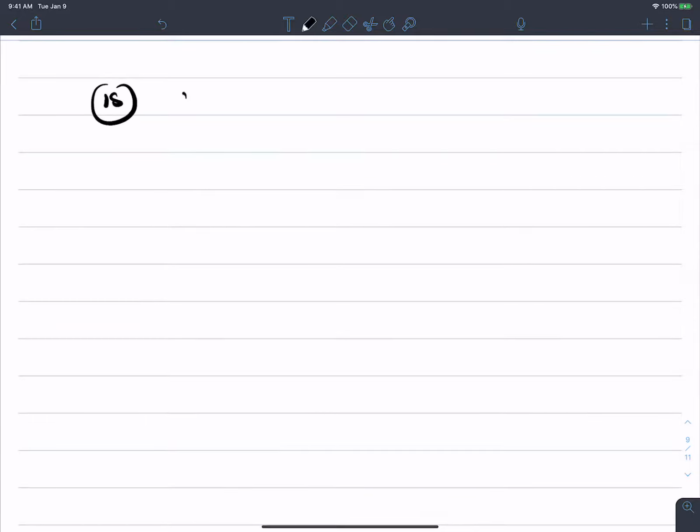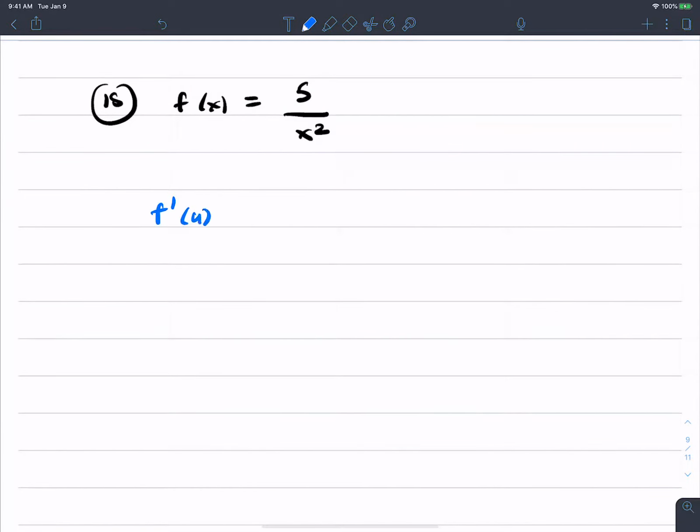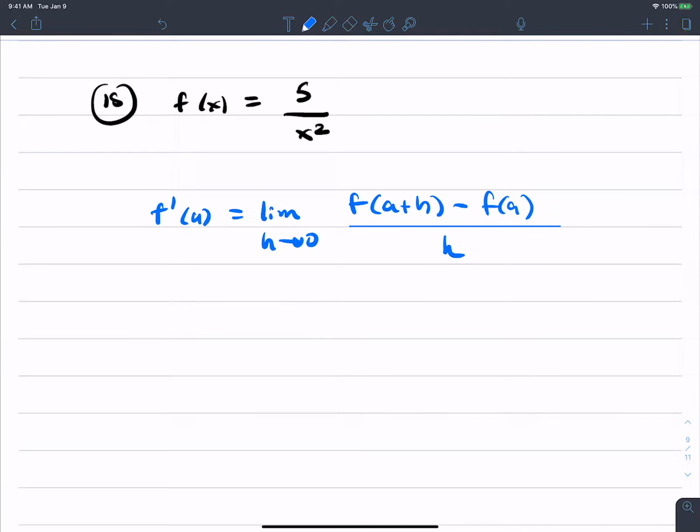You say 15, the function is 5 over x squared. So we got f prime of a is the limit as h goes to 0, f of a plus h minus f of a, everything over h.